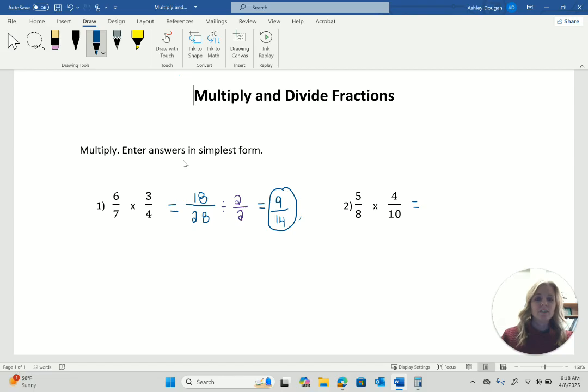For number 2, I'm going to multiply the top numbers, and I would say 5 times 4 is 20. And then 8 times 10 is 80. So I would get 20 over 80. Again, they're both even, so I know I can at least simplify by 2. If you know your divisibility rules, you know that since they both end in 0, we could also divide them by 10.